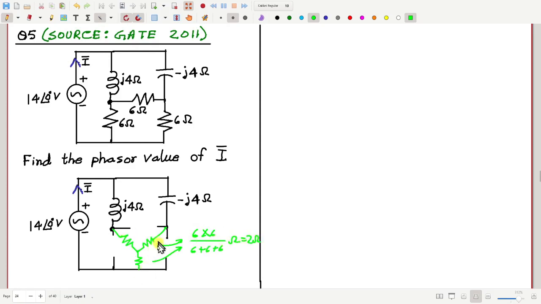So all these 3 impedances are 2 ohm. Now if I call this node A and this node B, how much is the total impedance between A and B?